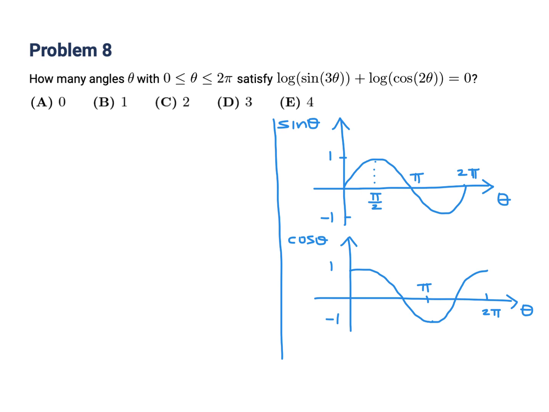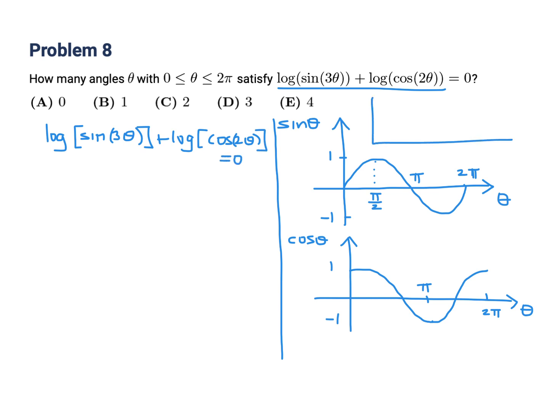Okay, so here we go. We've got this equation: the log of sine 3 theta plus the log of cos 2 theta equals 0. Now, we're going to use some log rules. You guys know about log rules, right?